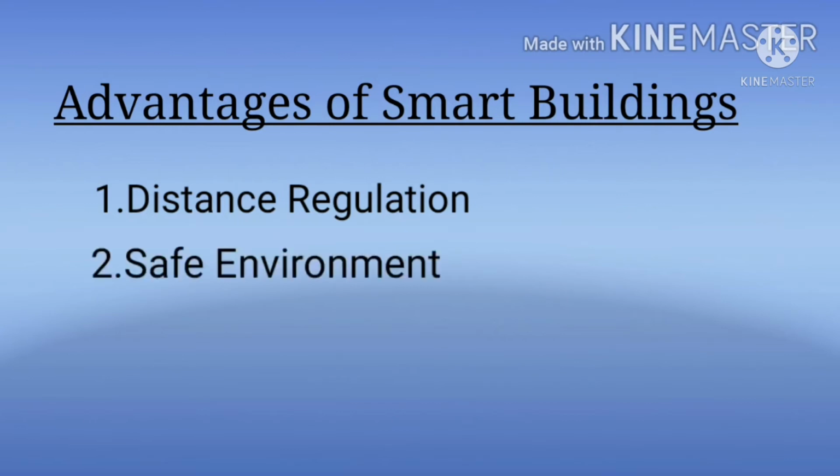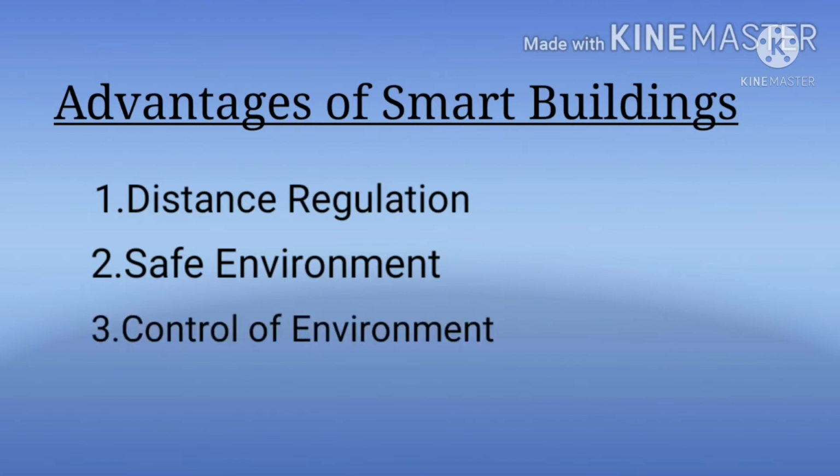Next, a safe environment: if I forgot to switch off my AC, I can switch it off from my office itself. So that gives us a safe environment. And the next is control of environment. That also includes these examples, like we can control the environment of our buildings from anywhere across the world.